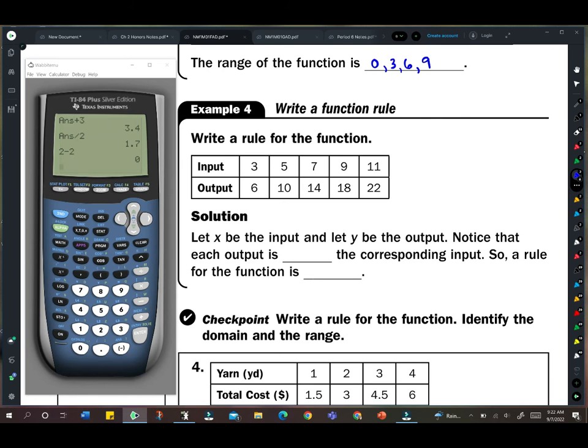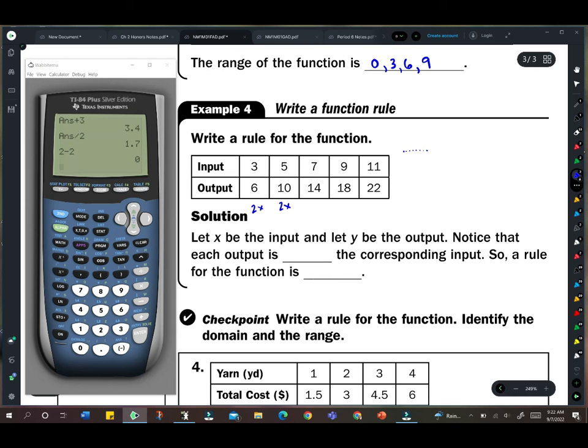What we can also do is take a table and try to see what's going on each time. So what we want to notice is how do we go from 3 to 6? How do we go from 5 to 10, 7 to 14, 9 to 18? And you might need to think about what's going on. From 3 to 6, we know that 3 times 2 is 6.